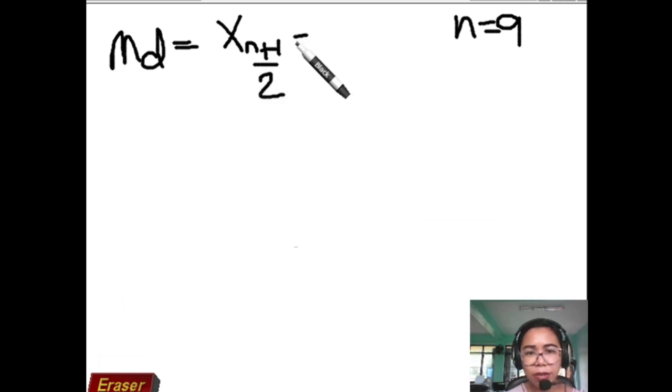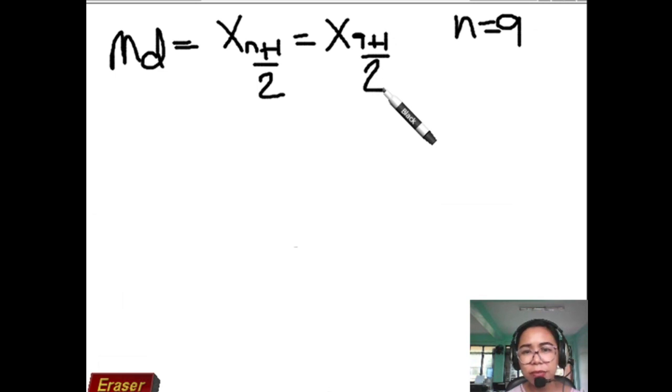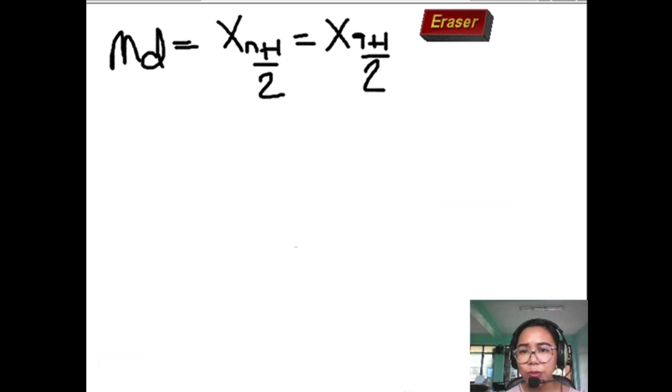So we have here x sub 9 plus 1 divided by 2. So that is x sub 10 over 2, which is x sub 5. We already know that n is 9.